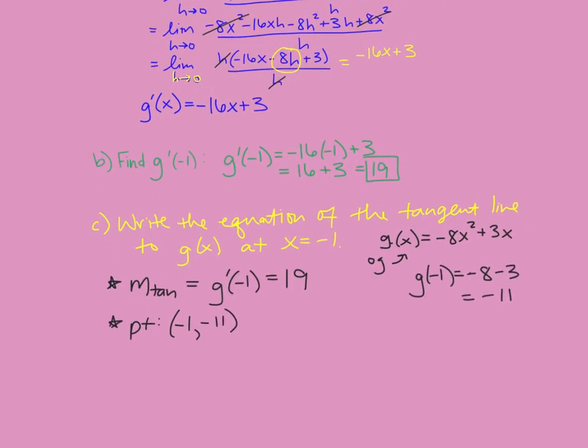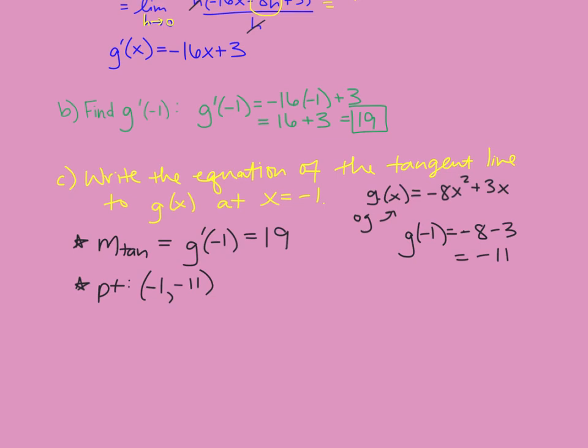Then we can write the equation of our line. I'll do that in yellow. So we'll have y plus 11 equals the slope 19 times x plus 1. And so we'll have y plus 11 equals 19x plus 19.